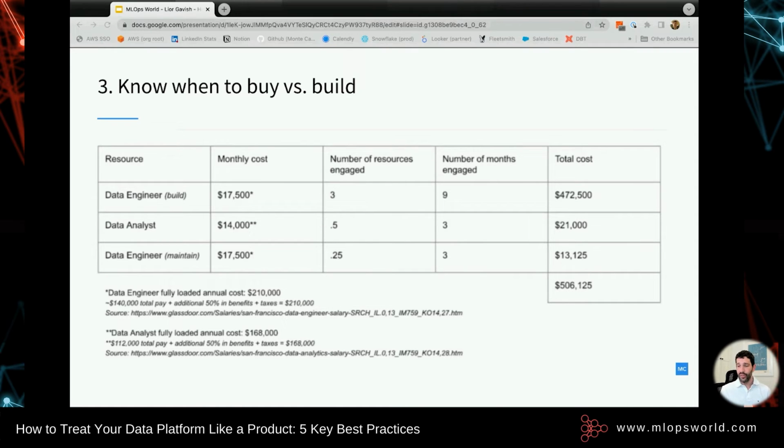Examples of those scenarios are, if you have very sensitive or classified information that needs to be processed in a certain way and you cannot involve a vendor in it, that makes perfect sense for a build approach. If you have very specific requirements where you need to really customize tools for your own scale or use case, or whatever it is that's very unique about your company, that's another case where building might make sense.